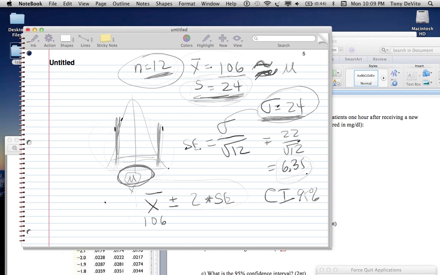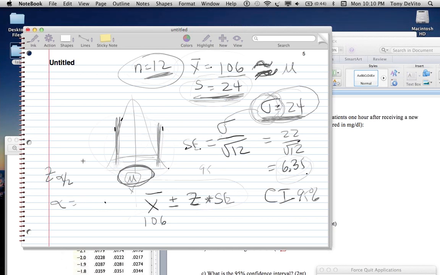Well, in actuality, if I know the standard deviation of the population, I can use the z-score for 95%. Or another way to look at it is the z-score for alpha over 2. Alpha is my alpha error.